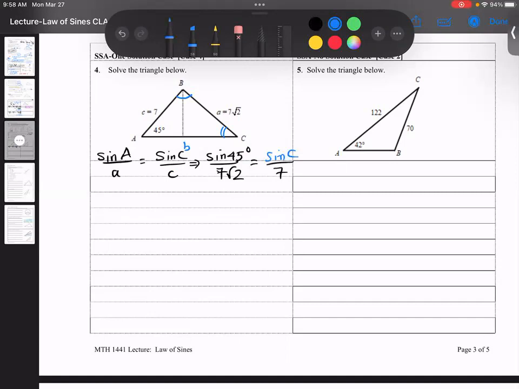Now I can solve for sine C: 7 times sine of 45 degrees divided by 7 times root 2.